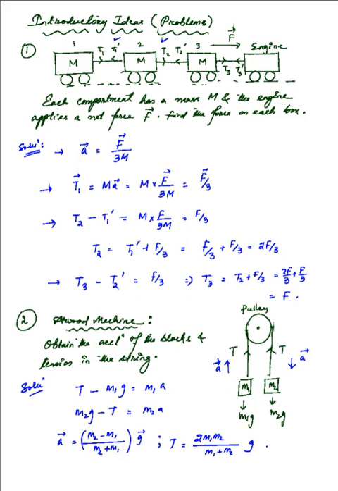Because the strings are inextensible and massless, which is usually the case in these kinds of problems unless mentioned otherwise, the tensions cancel out along that string. So T1 is equal to T1 primed, acting in the opposite sense, as you can see in that very first string right here.